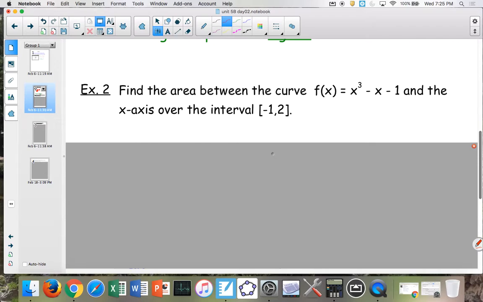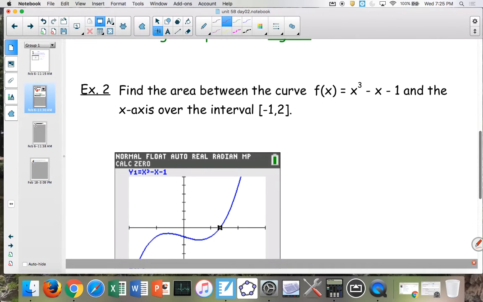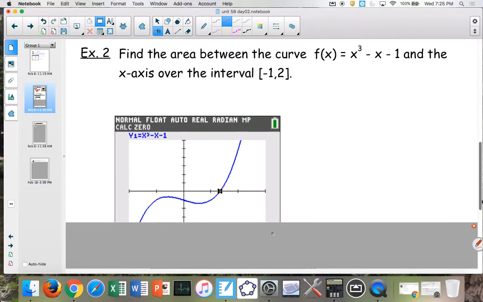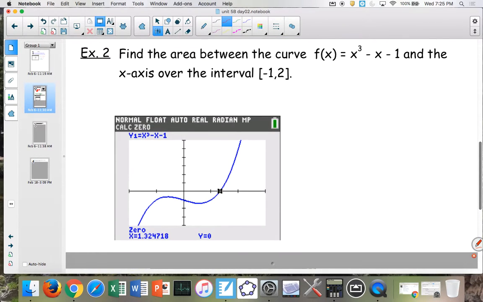Okay, so here we go. First thing we want to do is look at the picture of the graph. And there we have it. So we want the area between the curve and the x-axis from -1 to +2.